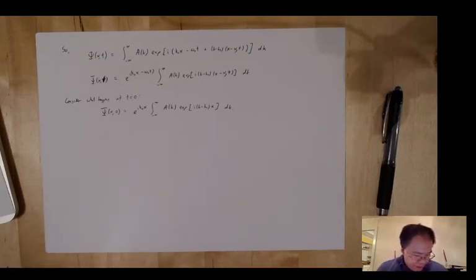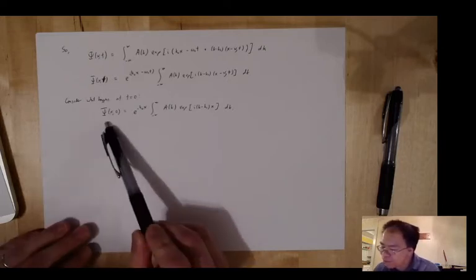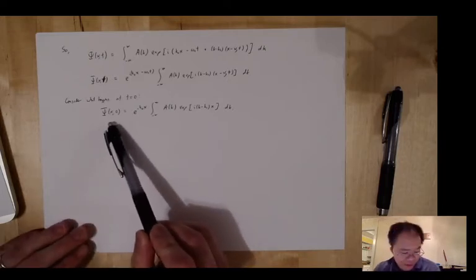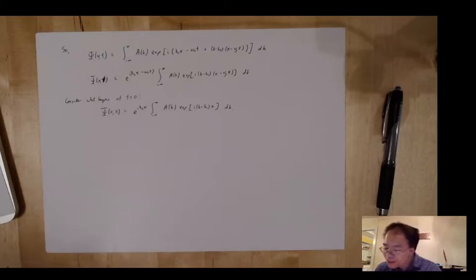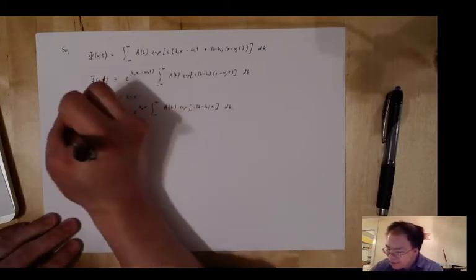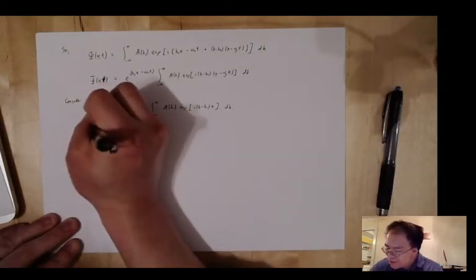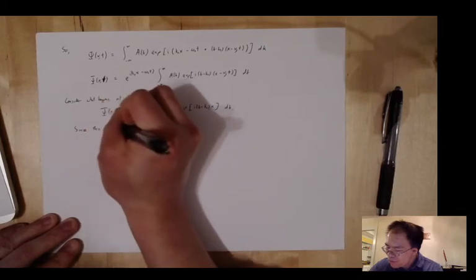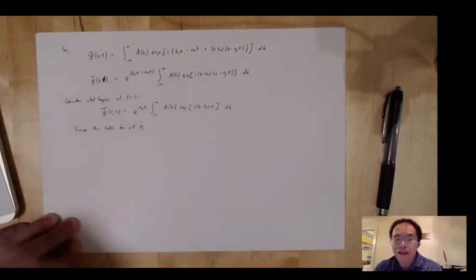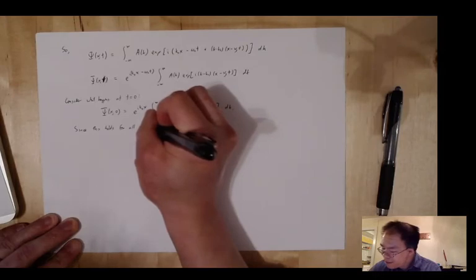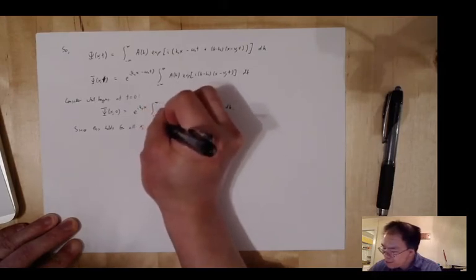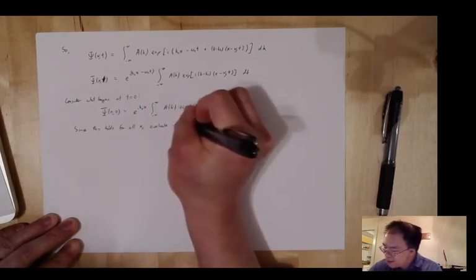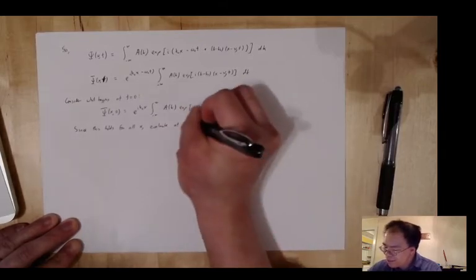So this is now supposed to hold for all x. But since this holds for all x, we can go ahead and evaluate at x minus vg t.